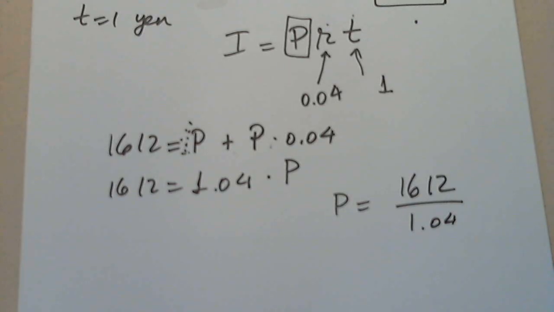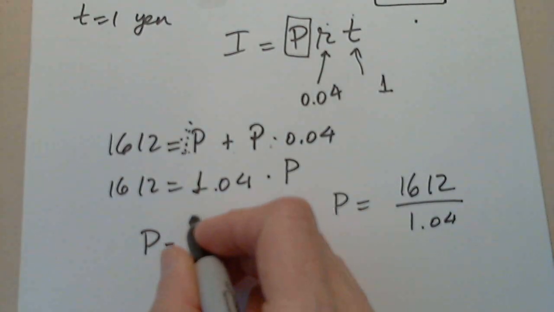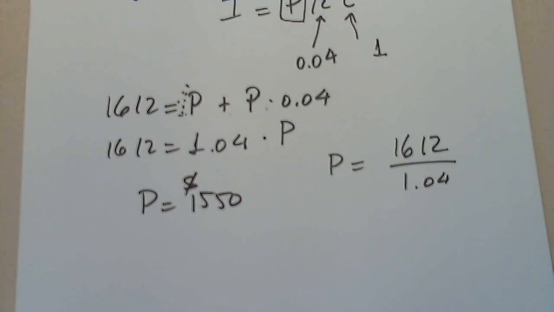Good. And 1612 divided by 1.04 is 1550. So they invested 1,550 at 4% per year for 1 year.